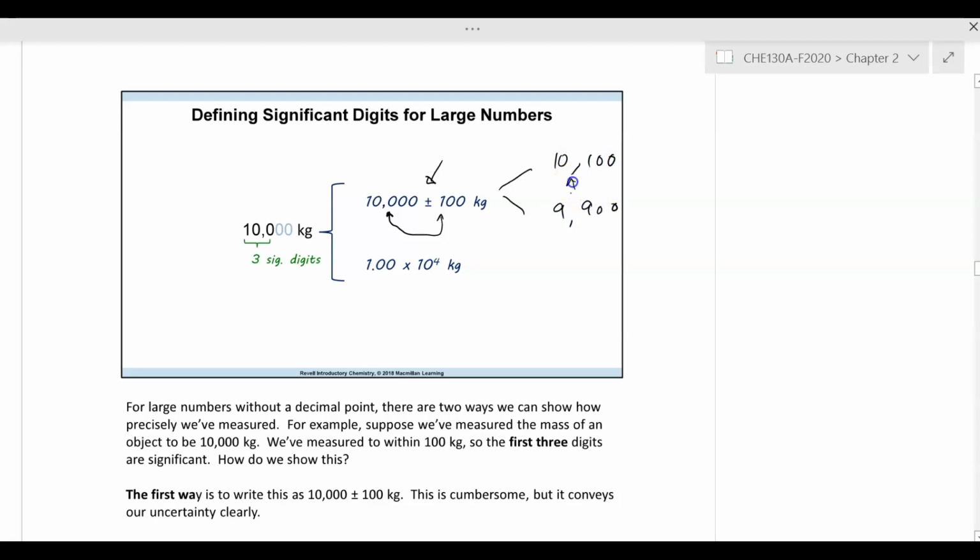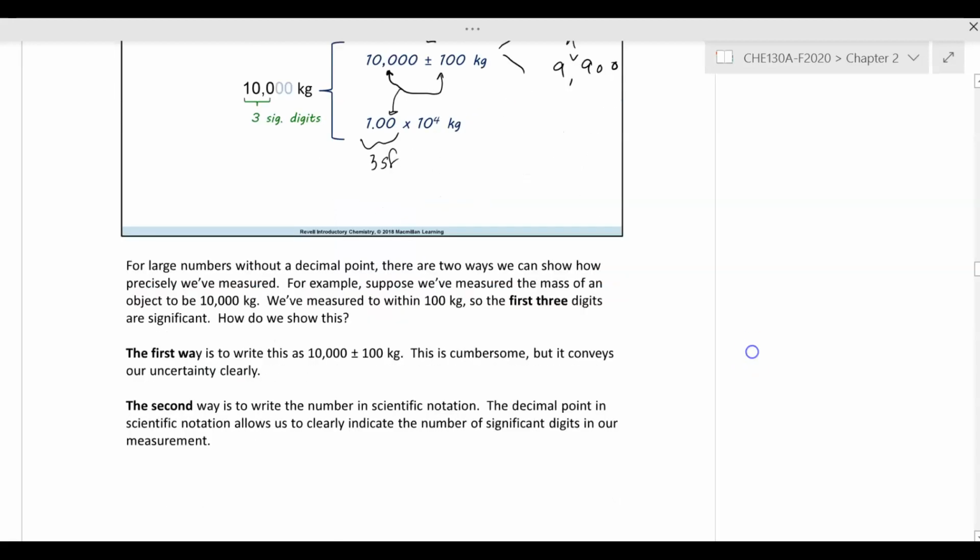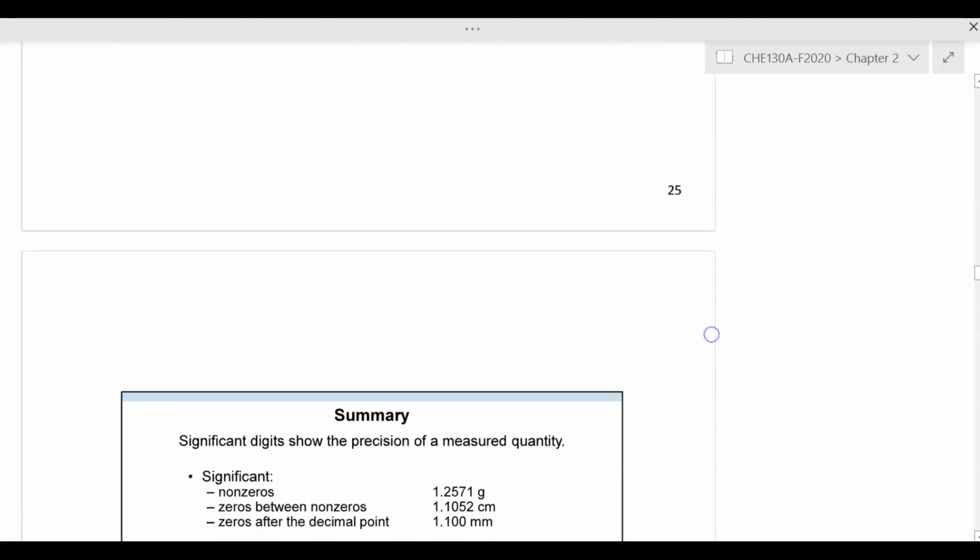That's that range. That's 10,000 plus 100 and 10,000 minus 100. And then we can also express it in scientific notation to express that the limit is at that point, and end that first number there that shows that we've got the 3 sig figs.